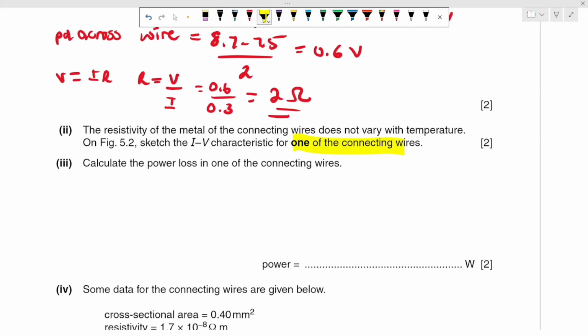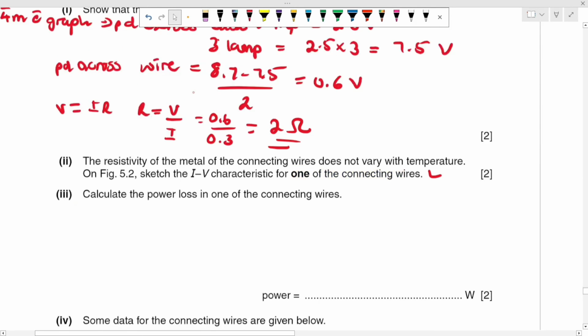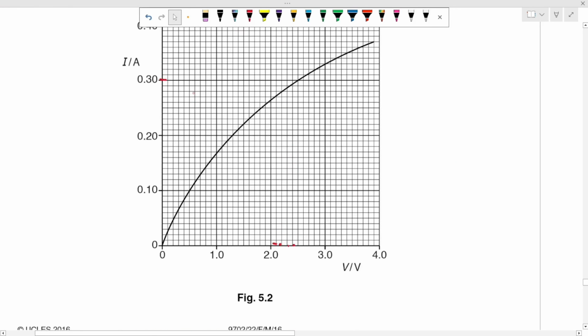You should know that for a connecting wire, it is a straight line because it's an ohmic conductor. It is a straight line that passes through the origin. Because if you know the variation of resistance in a wire, you can sketch the IV characteristics. They just want you to sketch the IV characteristics, right?